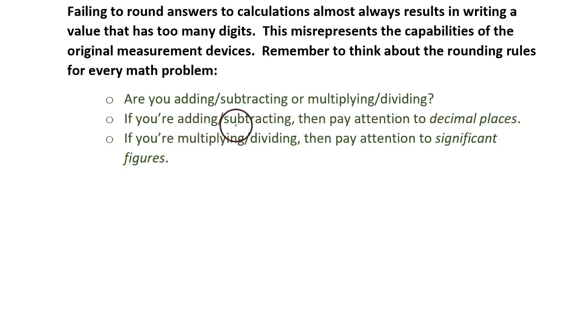If you're doing adding or subtracting, pay attention to the decimal places, to the numbers to the right of the dot. If you're doing multiplying or dividing, then pay attention to significant figures. This concludes the video about measuring accurately and precisely and recording answers correctly by rounding them based upon the measurements involved in the calculation.